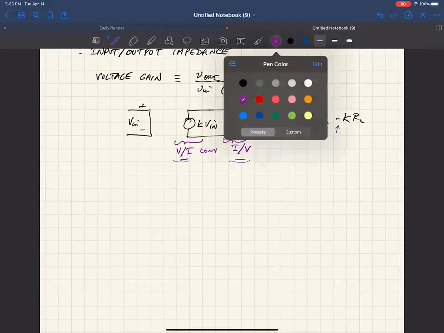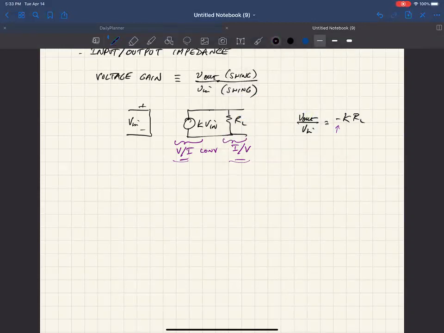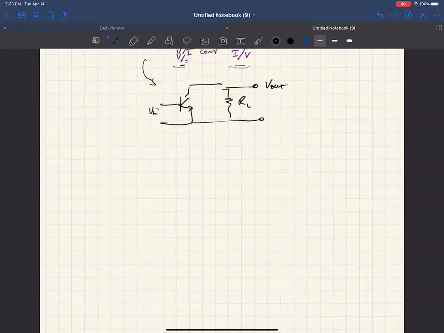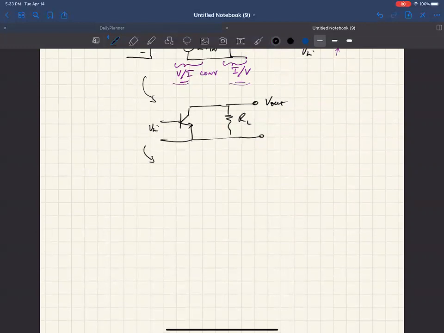Okay, and then we said that using a bipolar transistor, as we've been talking about, makes a decent voltage controlled current source as long as it's in forward active region, and so this would be V out. And so this could be our gain element.